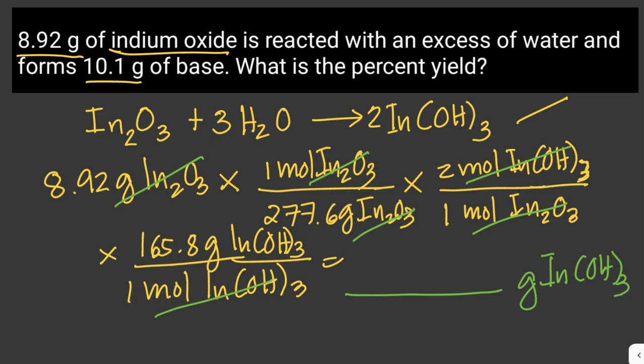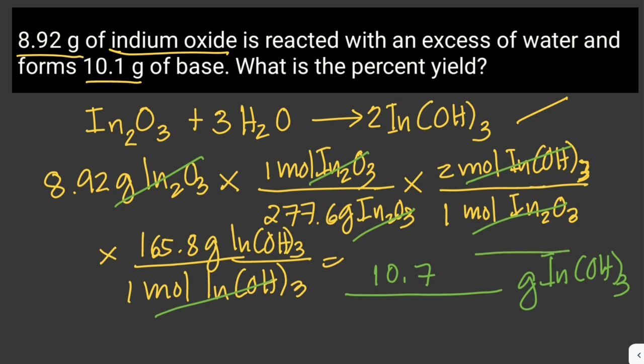Okay, let's calculate that. That is 8.92 divided by 277.6 times 2 times 165.8. Okay, we get 10.7 grams of indium hydroxide.